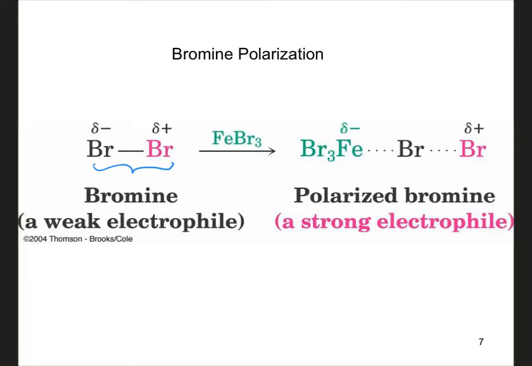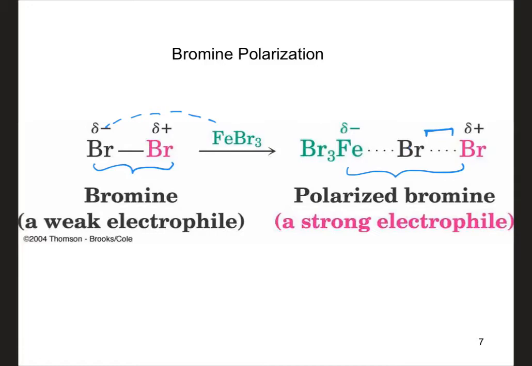Essentially, iron starts to coordinate, because it's a d block element, with the negative end of your bromine-bromine bond, and the polarization is going to occur more strongly. What this means is that now you can break this bromine-bromine bond even more easily than before.